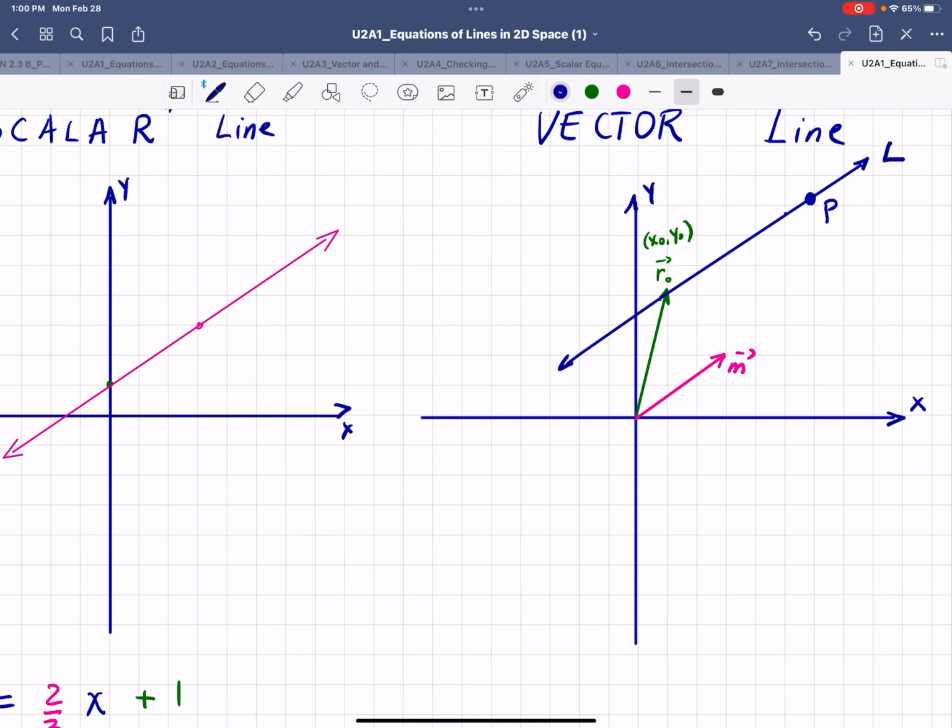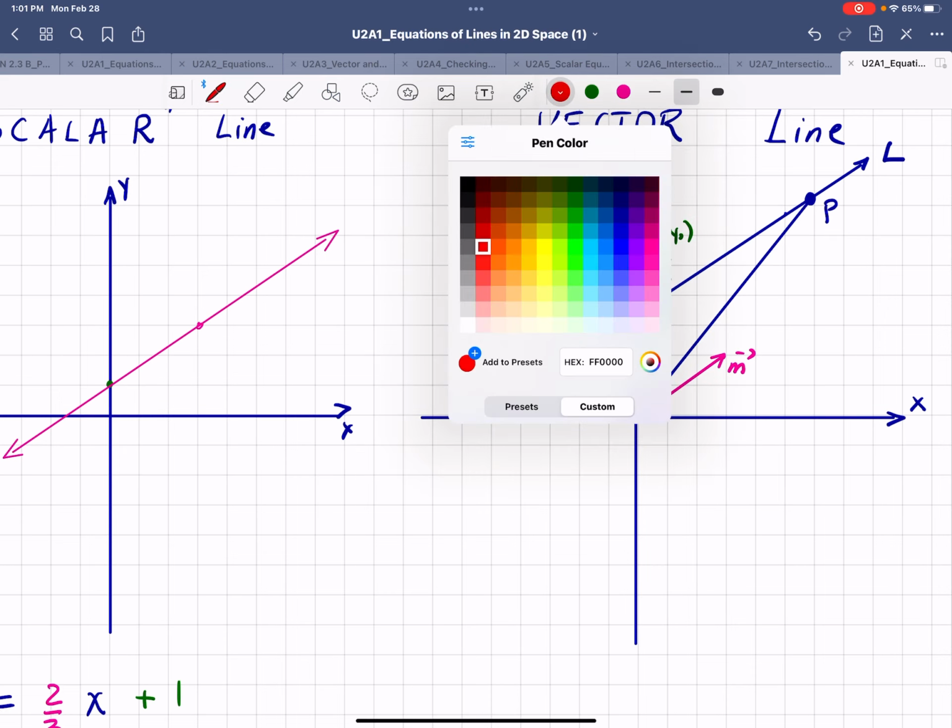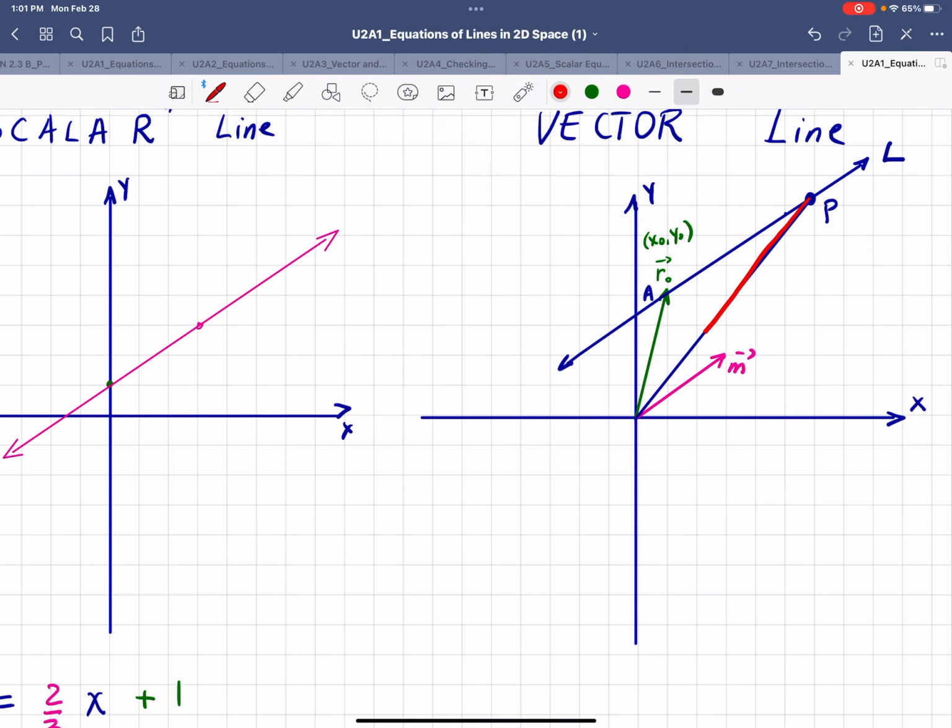If I call the head of vector r0 A, then I would say that the vector OP, which is this one right here, and by the way, just to honor it, we're going to make it bright red so it stands out. So we'll say that vector OP equals, so let's take a look at the triangle.